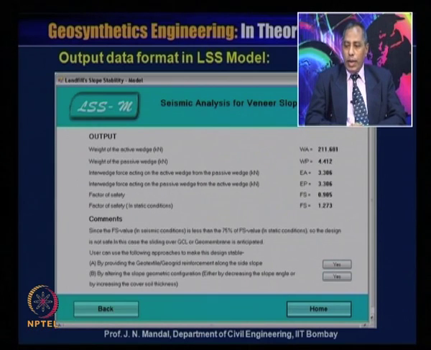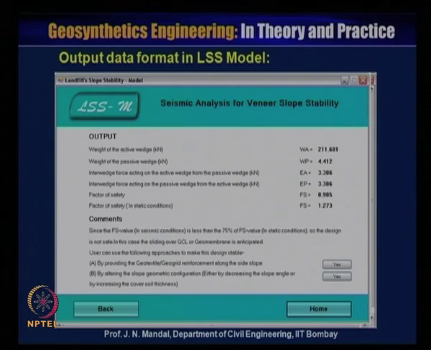So, the user can follow these approaches to make the design stable: A, by providing geotextile or geogrid reinforcement along the side slope, or B, by altering the slope geometry configuration either by decreasing the slope angle or by increasing the cover soil thickness. So, these are the two options. You can try both options and check whether it is stable or not.